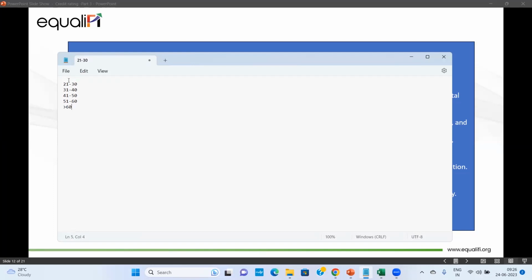This is the age-wise scaling I have done, right? Can you guys tell me who is at more risk and who is at less risk? Which customer is the least risky and which is the most risky?